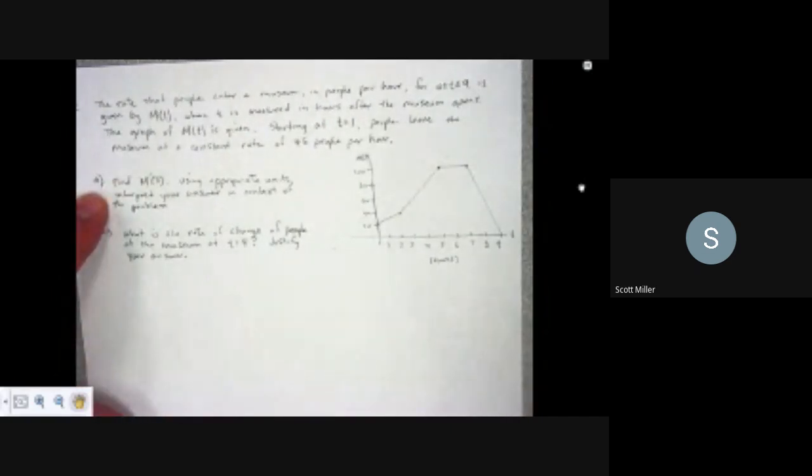Part A, find M prime at 3. So what is M prime at 3? You don't have an actual function, you only have a picture of a function. So to find M prime is implying that I'm looking for the slope of a curve at 3.